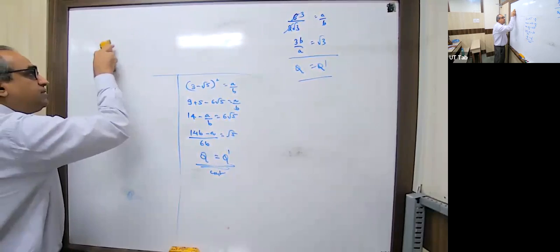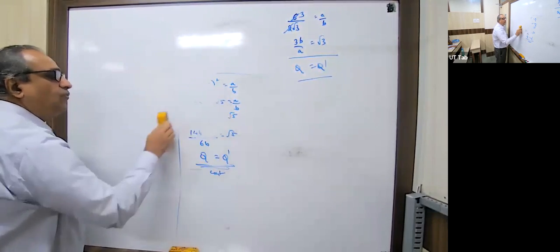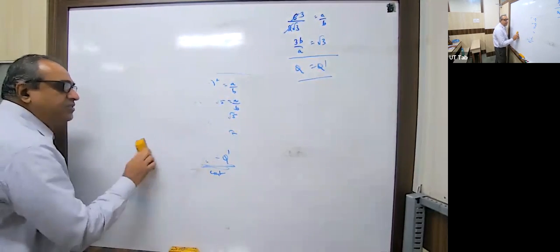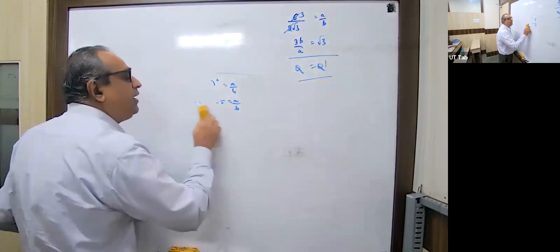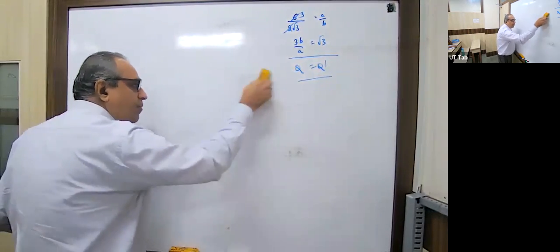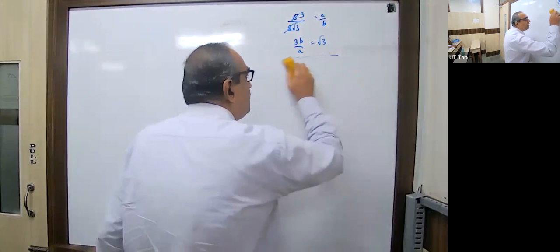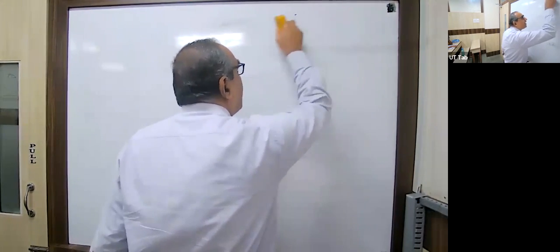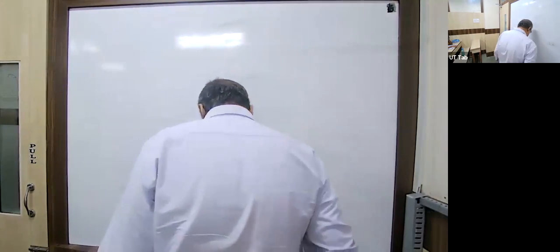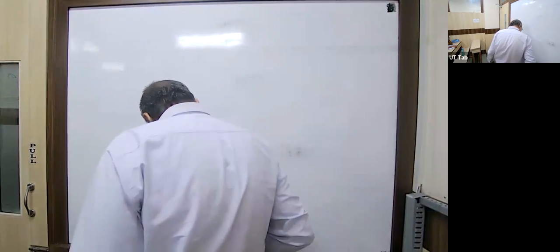Whole numbers means 0, 1, 2, 3, 4, 5, 6 and so on. That means a power can never be a negative number. The power can never be a fraction. Power can only be a whole number.